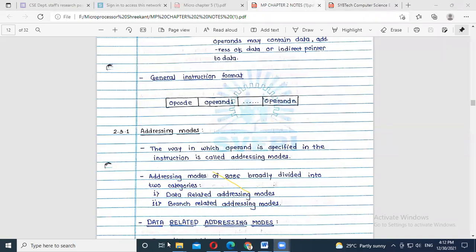All are present. 1, 2, 3, 4, 5, 6, 7, 8. Where is 8? 8 is absent. Yes, 8 is present. Kulkarni. Okay, all are present.